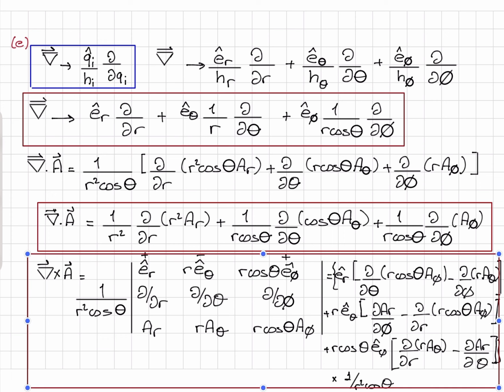If we want to be more specific, as I said, we can work on each of these terms. So let's do that here. This is also equal to, for the e r hat term, the first term I had was a theta derivative. So I had del theta of r cosine theta a phi. R is not affected.